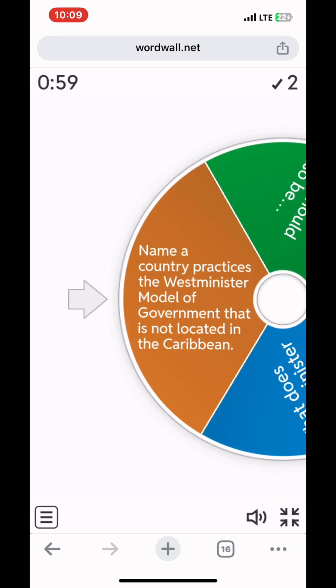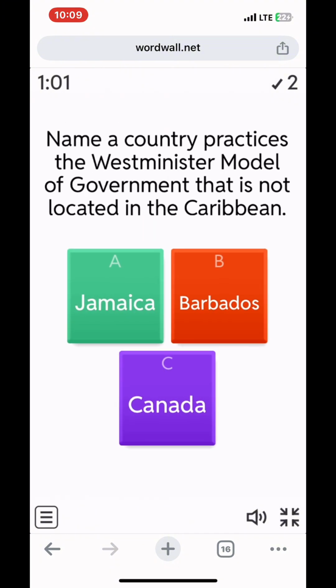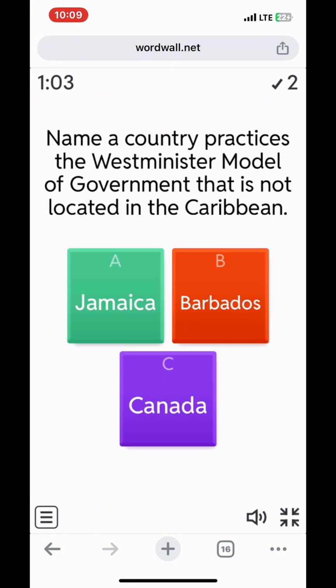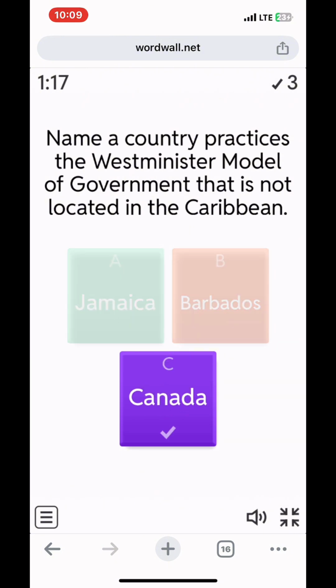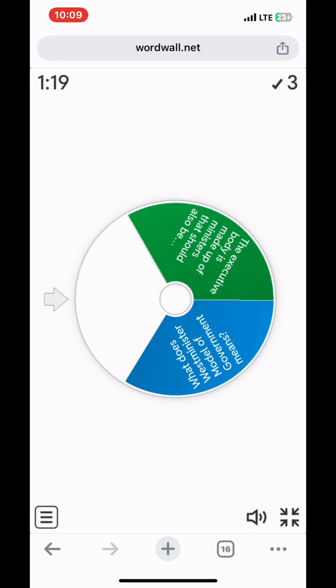Name a country that practices the Westminster Model of Government that is not located in the Caribbean. If you selected Canada as your answer, you are correct.